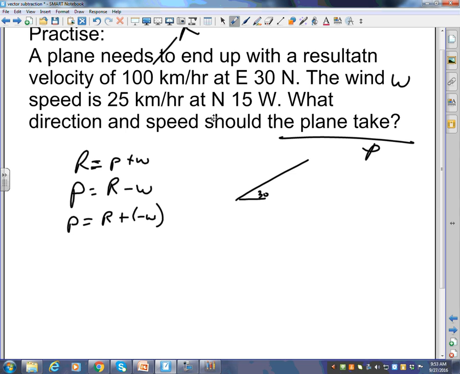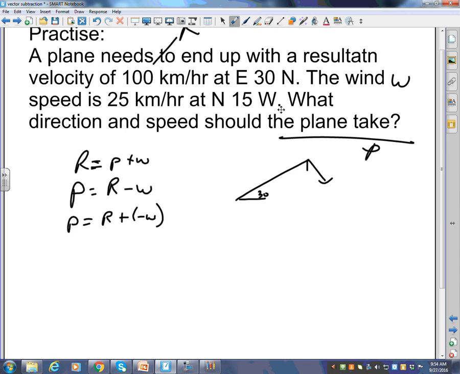This is the one you change. Something like that, but you have to do it by scale drawing. How come? Not a right triangle. Remember me ranting and raving about that?